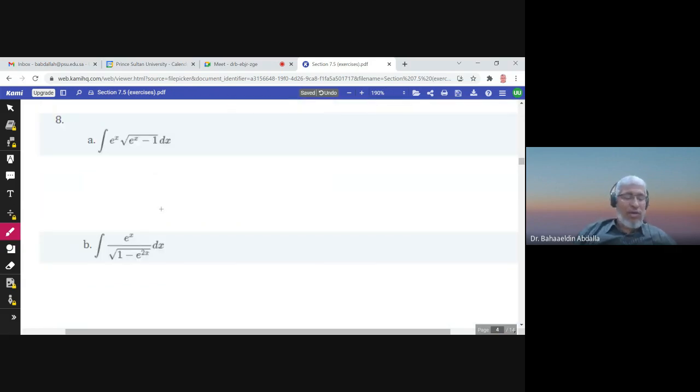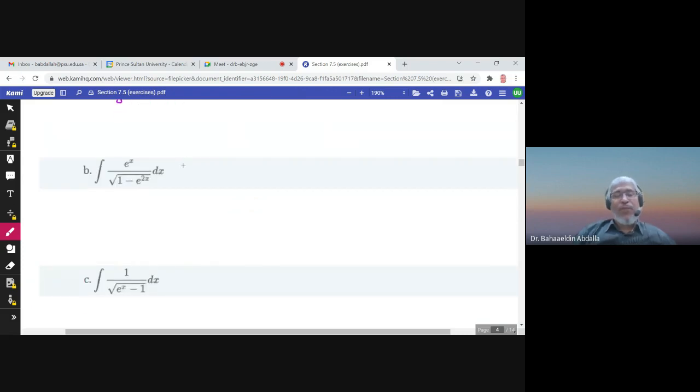Well, here, what can I do? The derivative of e to the x minus 1 is outside. So if I take u equals e to the x minus 1, then du would be e to the x dx. And this would be just the integral of square root of u du. Here, if I take e to the power x as u, then du would be e to the power x dx.